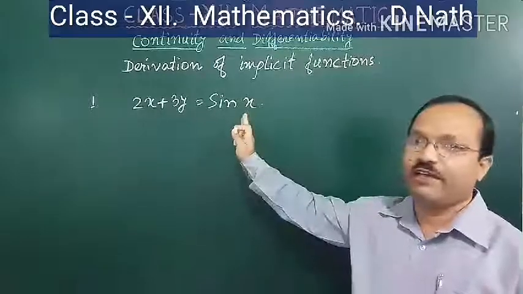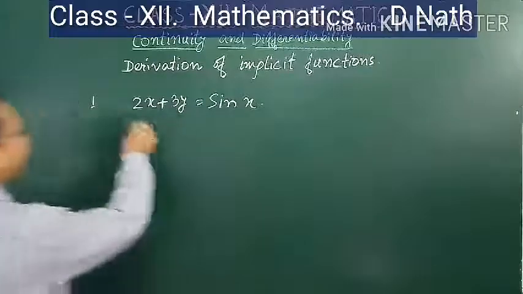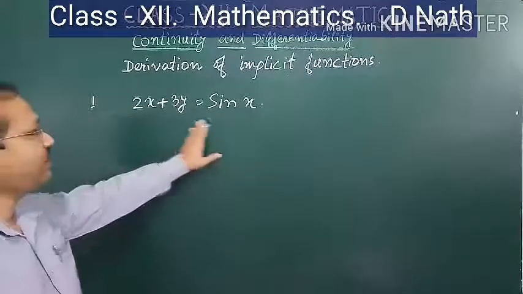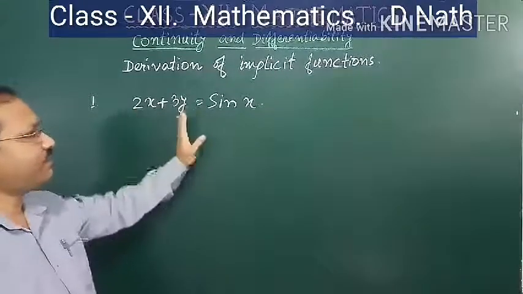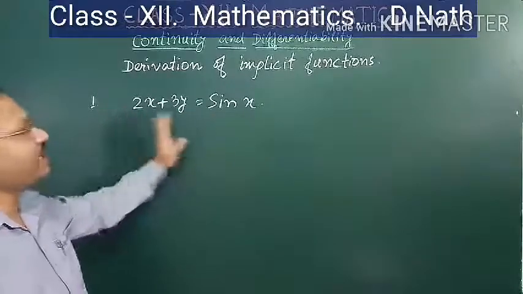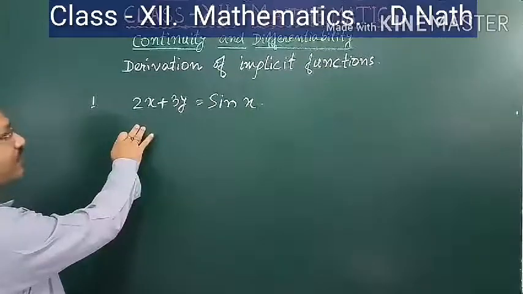How to find dy/dx from this? Your question will be to find dy/dx. So here what should be done? Here you can directly differentiate both sides with respect to x, and dy/dx you have to find.